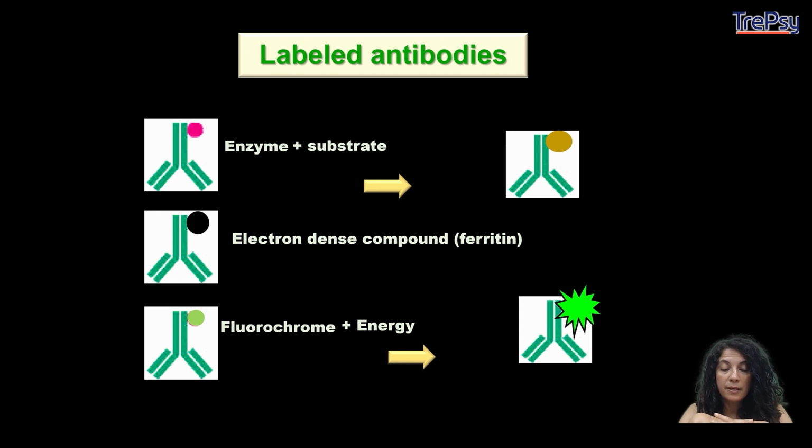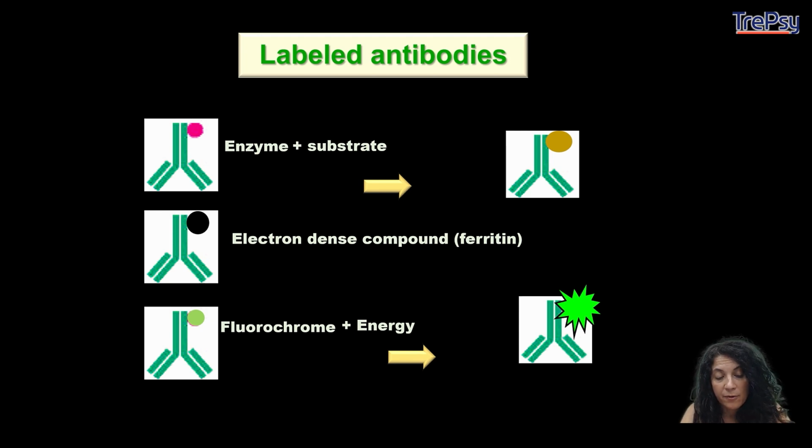So we have different types of labeled antibodies. The first type has an enzyme that is bound to my antibody, and you put a substrate and you have a chemical reaction and you can see a stain in your tissue. Or you have an electron-dense compound like ferritin for electron microscopy.